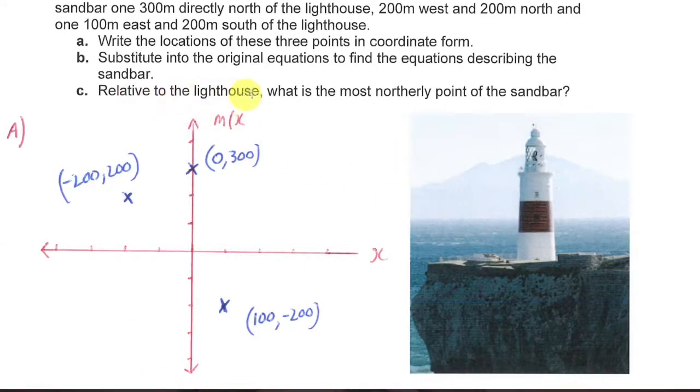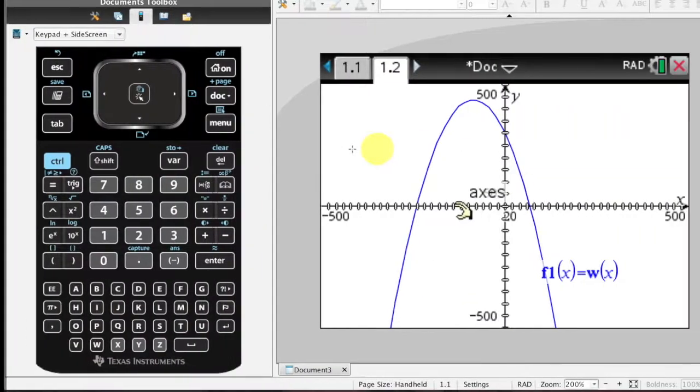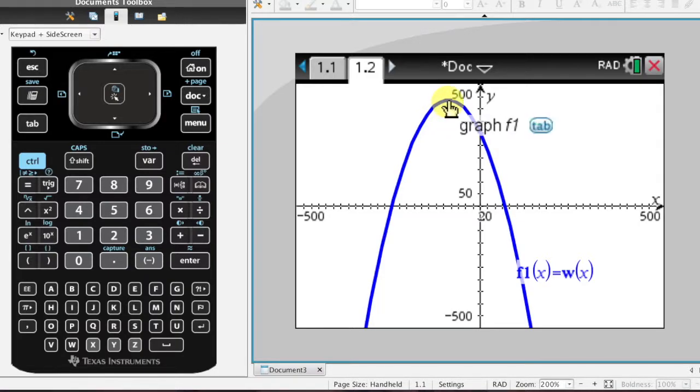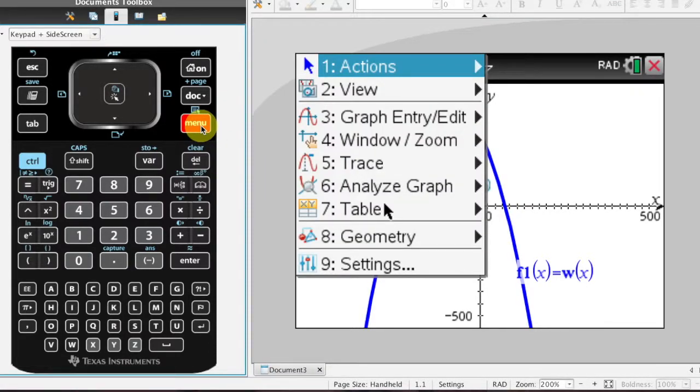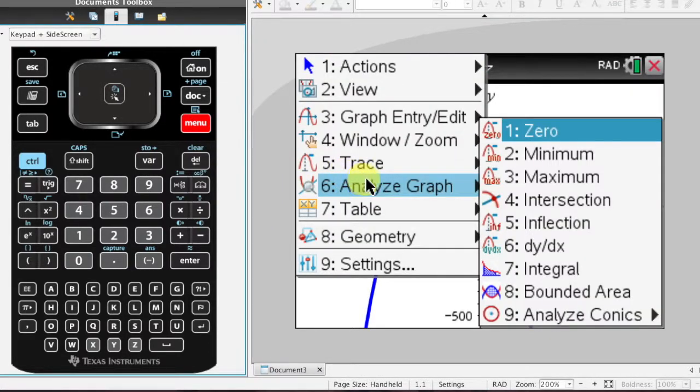Relative to the lighthouse, what is the most northerly point of the sandbar? So in other words, what's the y value for this maximum? So there's my lighthouse. The y value here would represent the furthest that the sandbar is away from the lighthouse as far as just considering the northern direction only. Just there. So I need to locate that position, so I'm going to go menu, analyze graph, and I want the maximum.